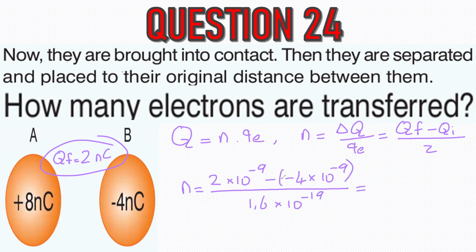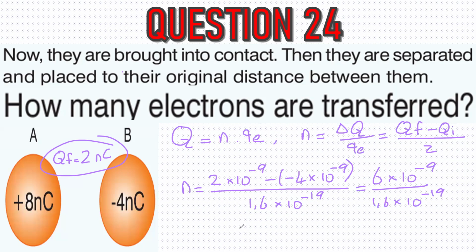So when you do this, the negative makes positive, and 4 plus 2 is 6. 6 times 10 to the power of negative 9 over 1.6 times 10 to the power of negative 19. So let's take our calculator and calculate 6 over 1.6. So what are we getting?